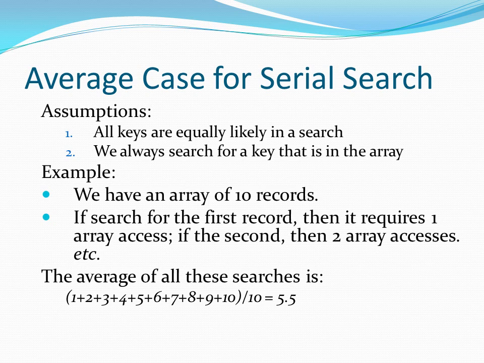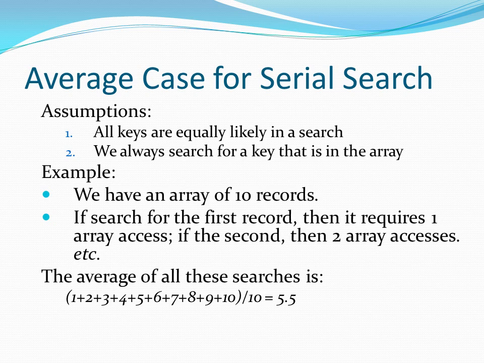The average case: all the keys are equally likely in a search. Second, we always search a key that is in the array, the search element is present somewhere in the array. For example, if 10 records are there, the search element is at the first position, second position, up to the last position.